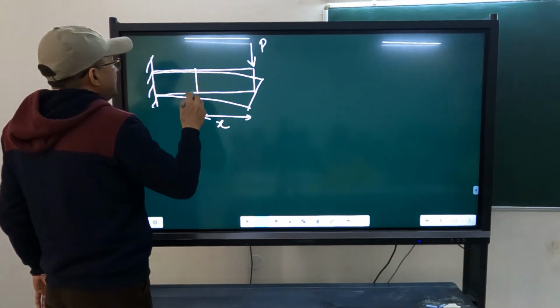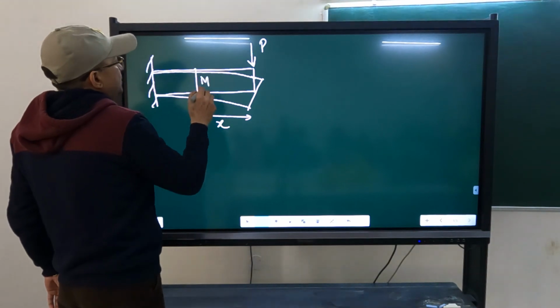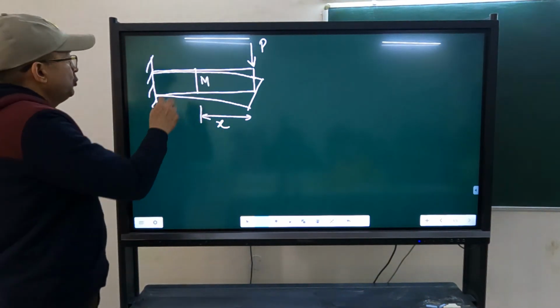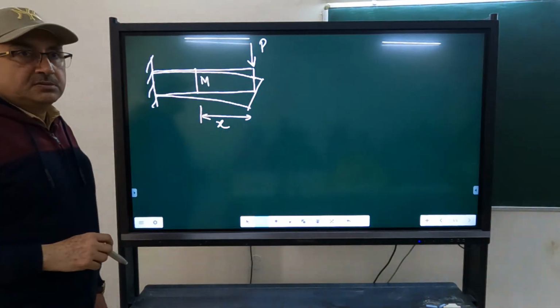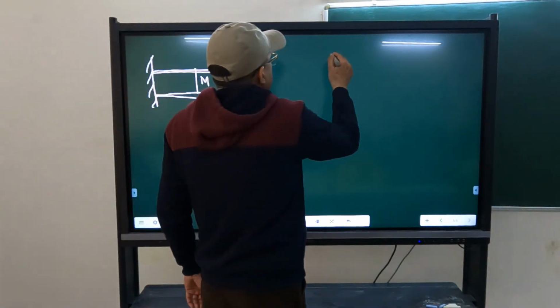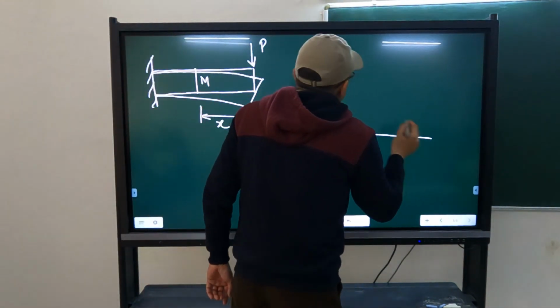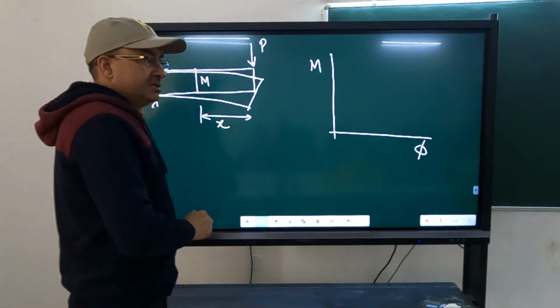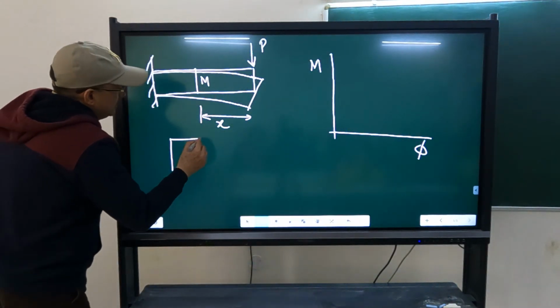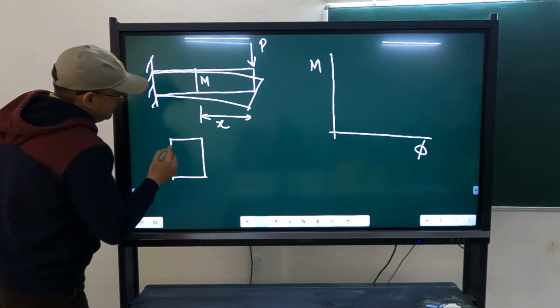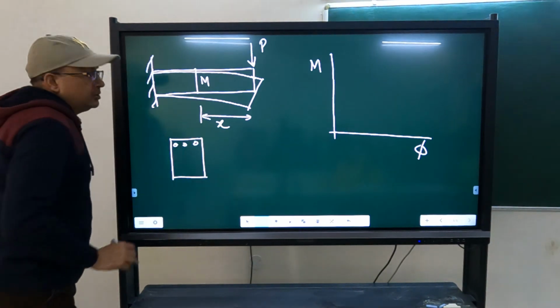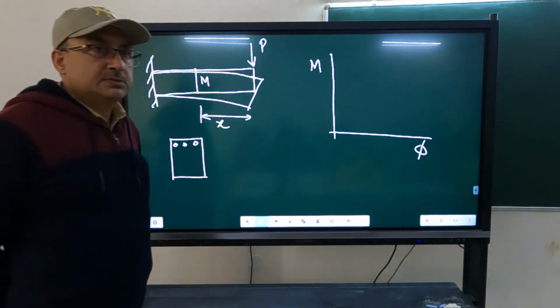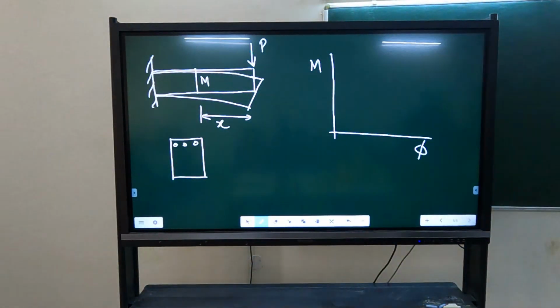Let us say the moment here is M, and due to that there will be displacement. I want to plot a relationship between moment and curvature. Cantilever, so reinforcement I will provide at the top. I want to plot moment versus curvature.